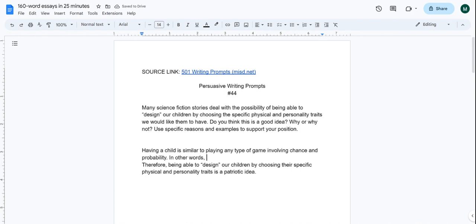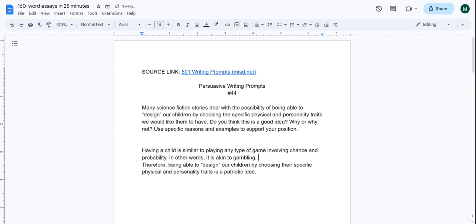In other words, childbearing is akin, in other words, it is akin to gambling.